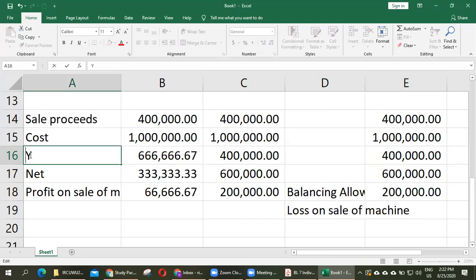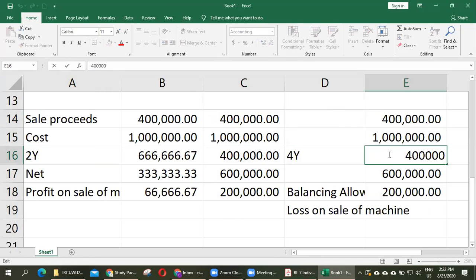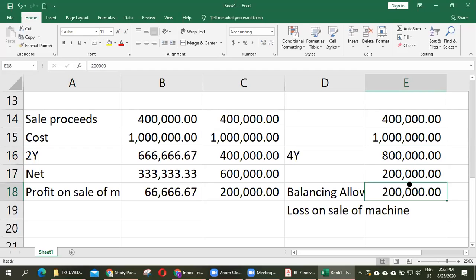Earlier it was 2 years. Now it was 4 years. How much depreciation? 800,000. Yeah, good. Then how much net value? 200,000. Right? Net value is 200,000.